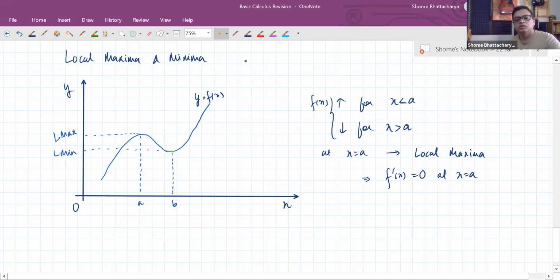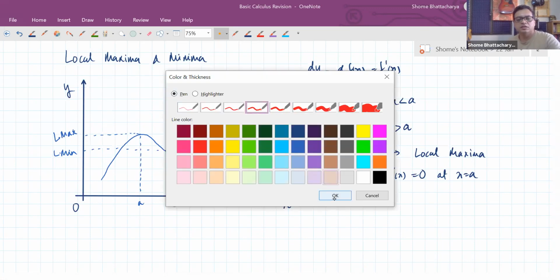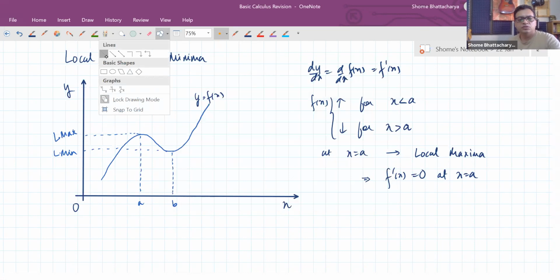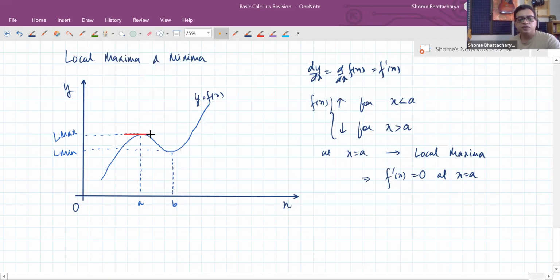In other words, for y equal to f(x), we denote dy by dx, or derivative of the function, with the short form f prime x. So this becomes one of the conditions for local maxima. At that point, if we draw a tangent, it will be a horizontal flat line parallel to the x-axis. So the slope of the tangent drawn at the point x equal to a is equal to 0.